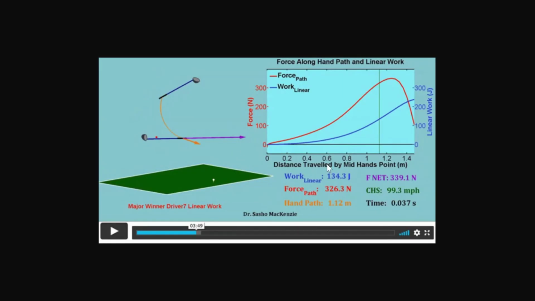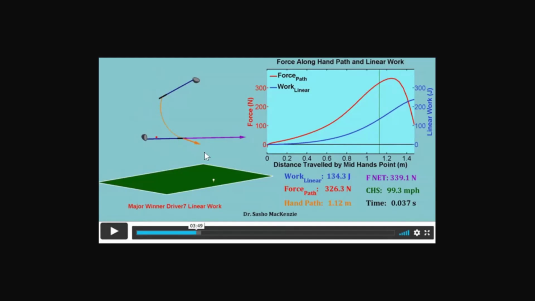Now, on this x-axis, he has the distance traveled by the hands between the end backswing position and impact. And you can see the hand arc path is probably about over 1.4 meters. So the amount of linear work you do by the left arm swinging down towards impact, and therefore pulling the club handle towards impact, depends on the length of your arc.